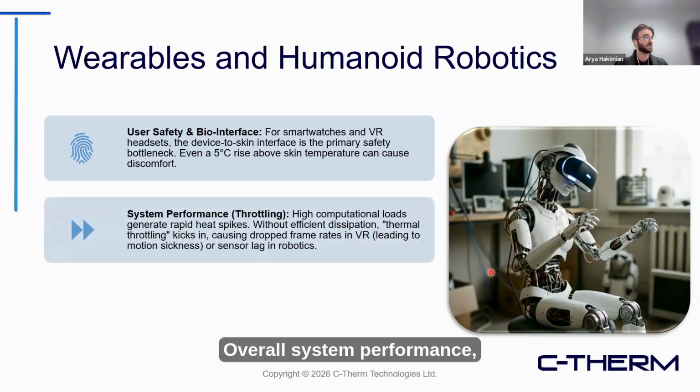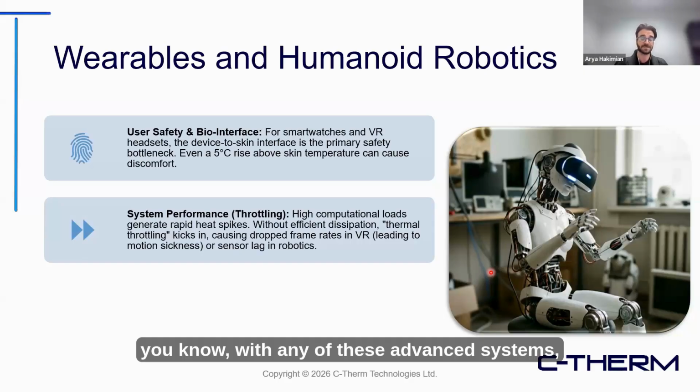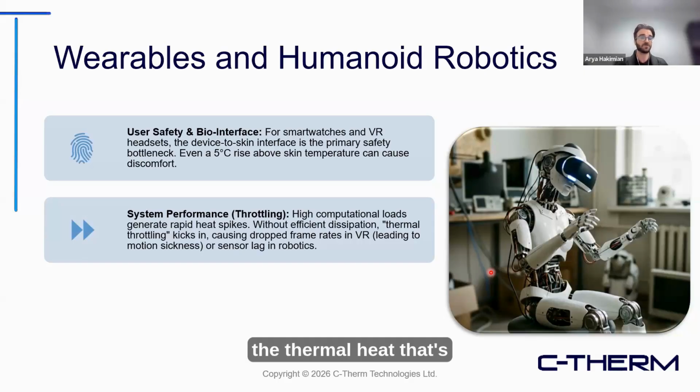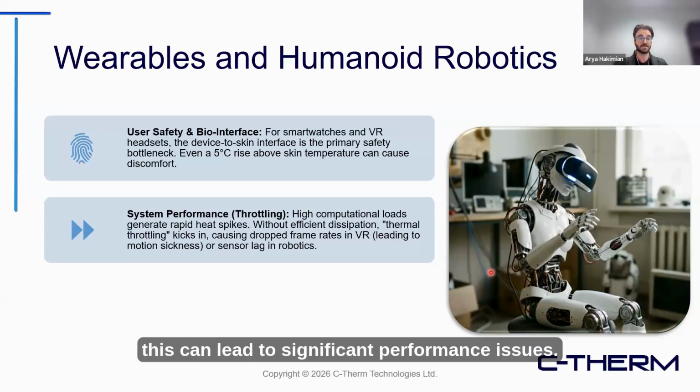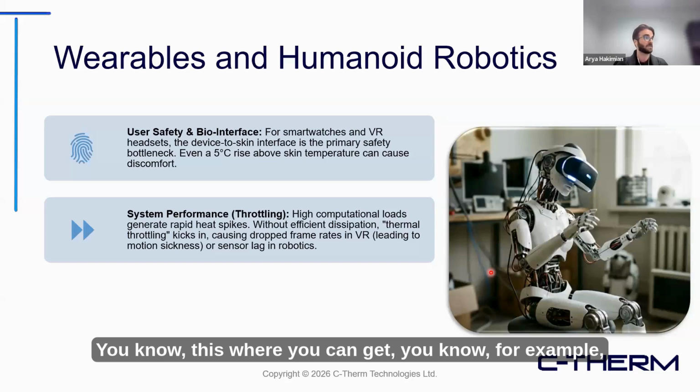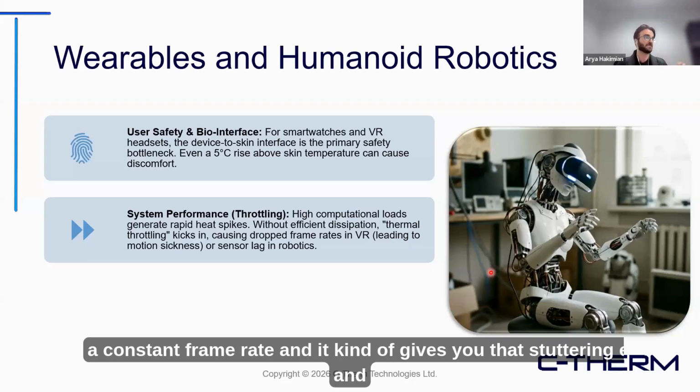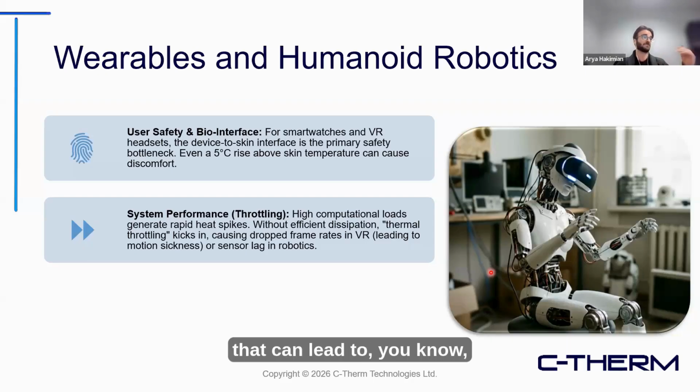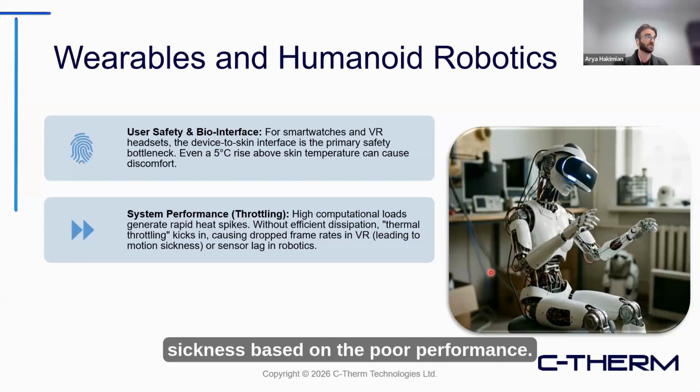Next is overall system performance. With any of these advanced systems, if the heat being generated by components isn't effectively managed, this can lead to significant performance issues. For example, a VR headset can drop in frame rate, which gives a stuttering effect and can lead to perceived motion sickness based on the poor performance.